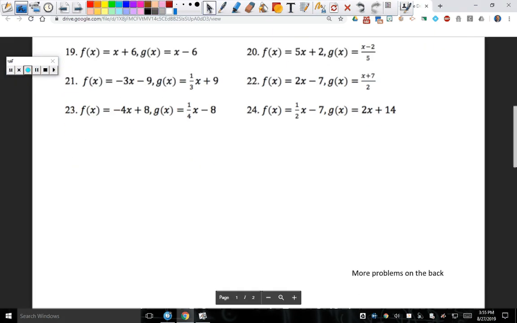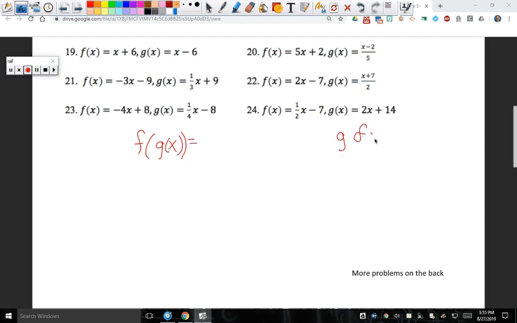22, we're going to put f of g of x. Then we're going to do g of f of x. So if I do g and I put it into f, it will look like this. However, on the other one, if I put f into g, let's build g real quick.